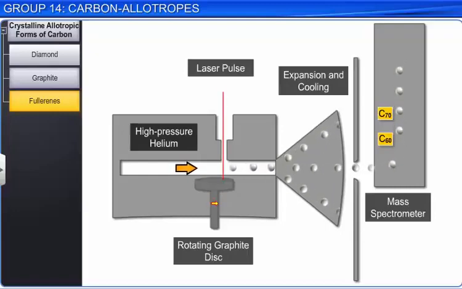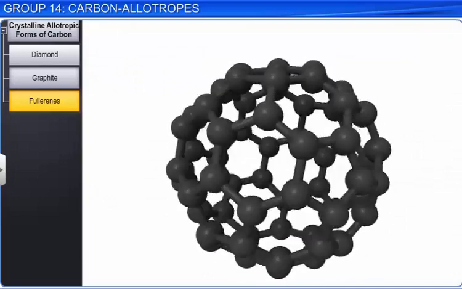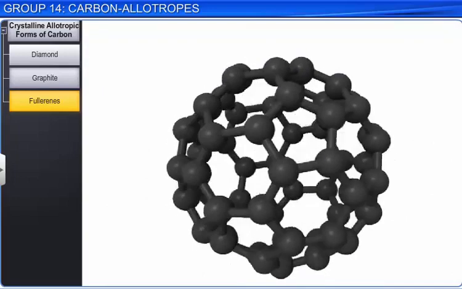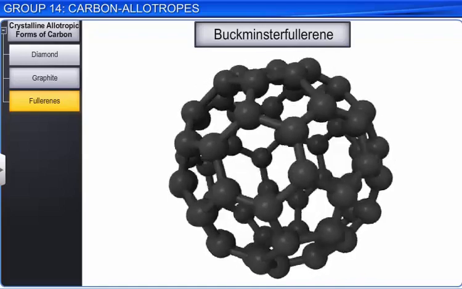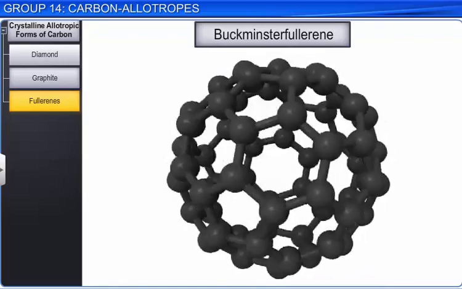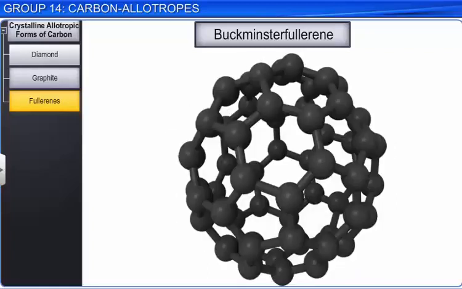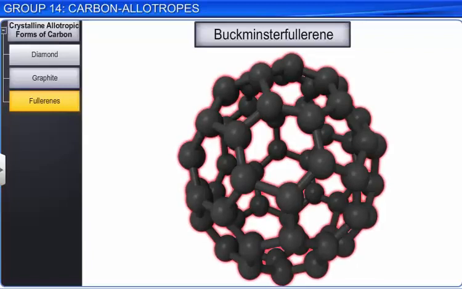Fullerenes are cage-like molecules. C60, or Buckminsterfullerene, named after the American architect famous for his geodesic dome structures, looks like a soccer ball. It is sometimes referred to as a buckyball. Buckminsterfullerene contains 60 carbon atoms arranged as a hollow sphere.